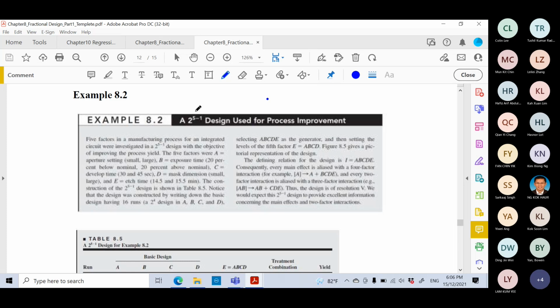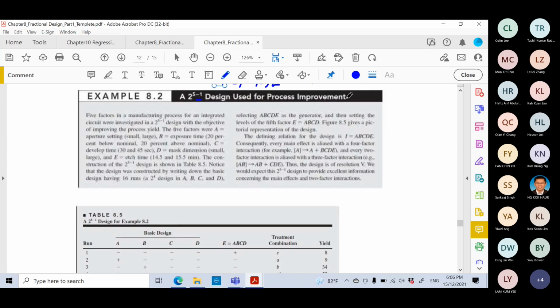They consist of 5 factors here: A, B, C, D, E. So 2 power of 5 is equal to 32 treatment combinations. But because we only run 1/2, minus 1, you only have 2 power of 4, so you only run 16 treatment combinations.